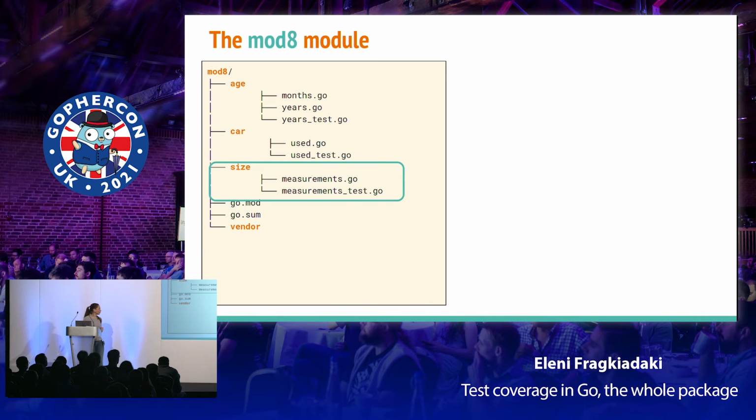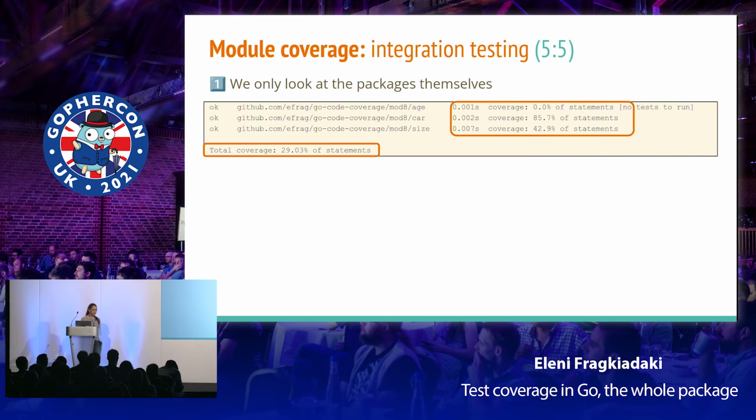So let's do another example. Same module as before, age, car, and size. And what we are trying to figure out is what the percentages actually mean, right? We run it just from the perspective of each package itself, and we see these numbers, 0, 85.7, 42.9, and 29 as the overall number.